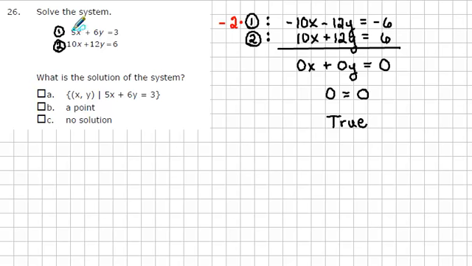If we were to multiply every single term of the first equation by 2, then we would end up with the second equation. So the two equations are really equivalent to each other. So what this tells us is that there are infinitely many solutions.